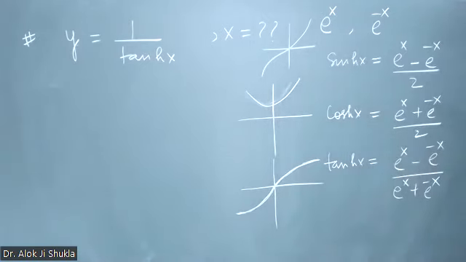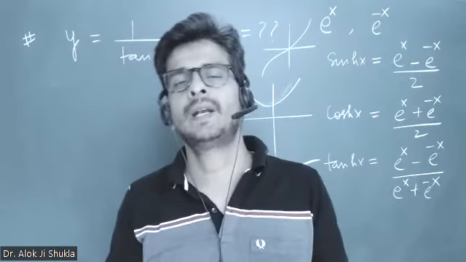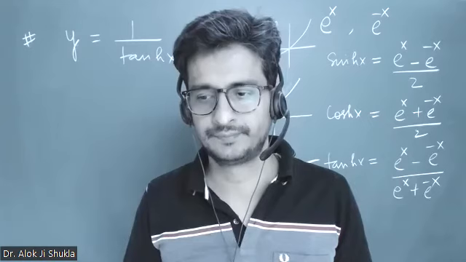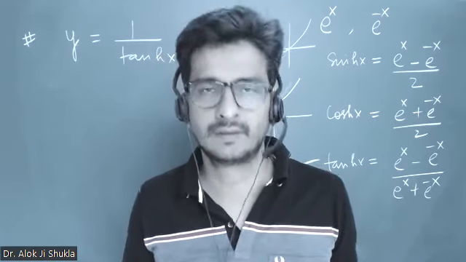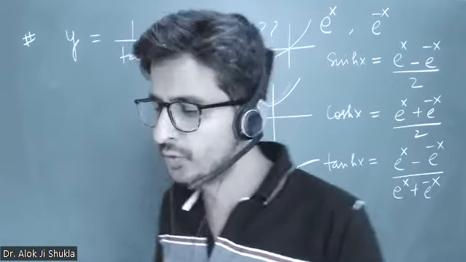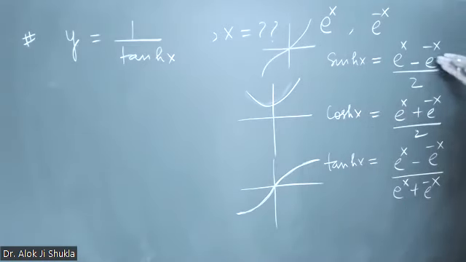Hyperbolics are very, very important functions. They appear in so many situations, like solutions of so many differential equations are hyperbolics, and mathematical equations many times contain hyperbolic functions. So you should understand that hyperbolics are nothing but just exponential series.